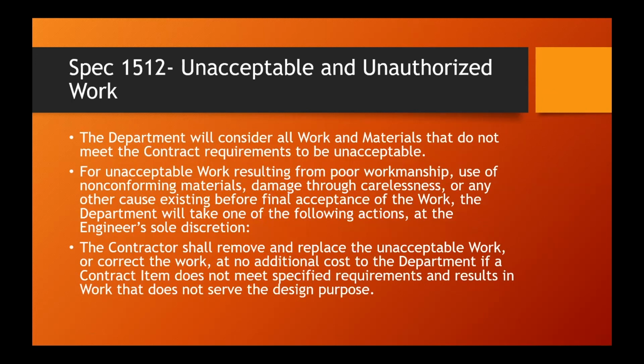The department will take one of the following actions at the engineer's sole discretion. The engineer can direct the contractor to remove and replace the unacceptable work or correct the work at no additional cost to the department if the contract item does not meet specific requirements.